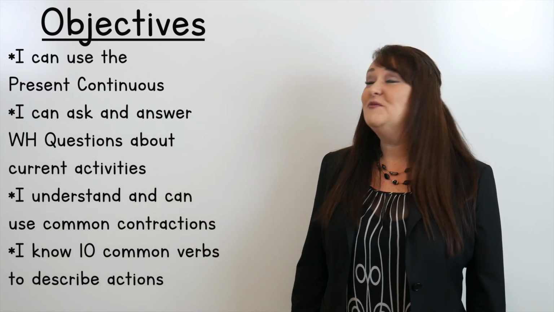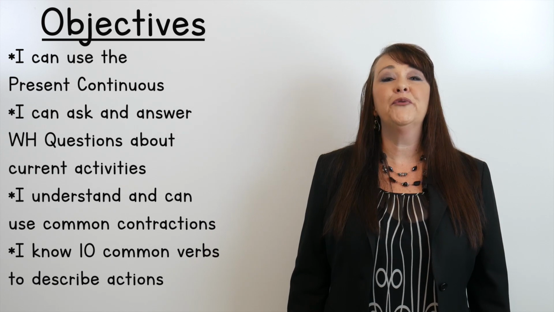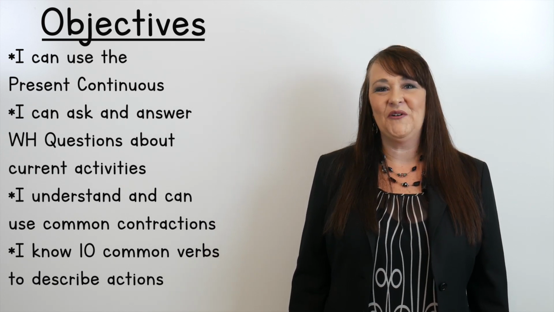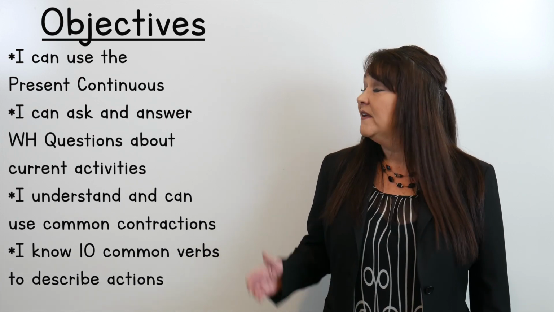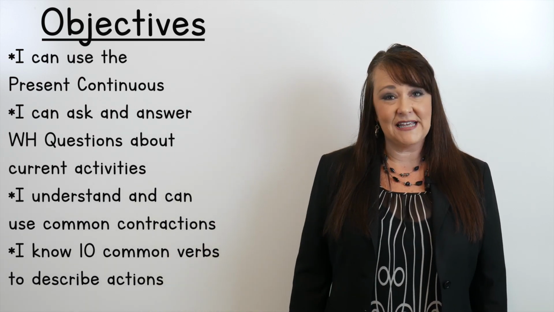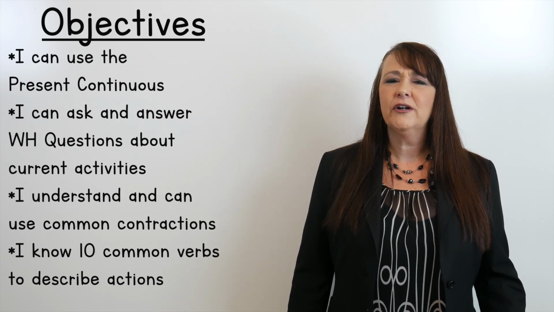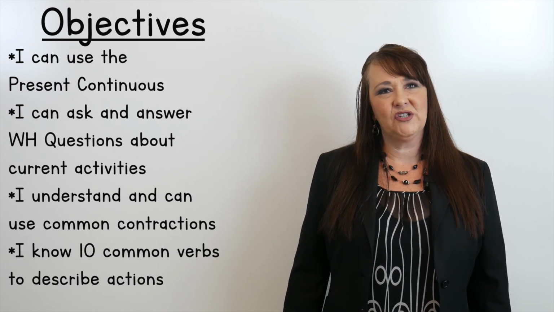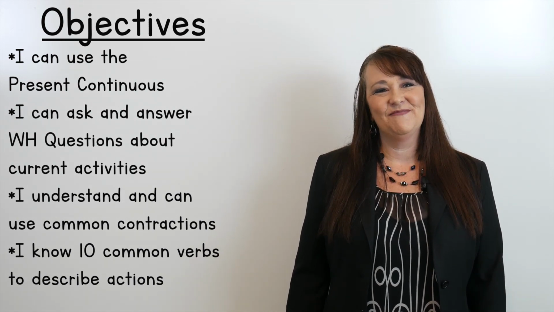Let's go ahead and look at the objectives for today's lesson. The first objective says, I can use the present continuous. We'll talk more about that later. The second objective says, I can ask and answer WH questions about current activities.